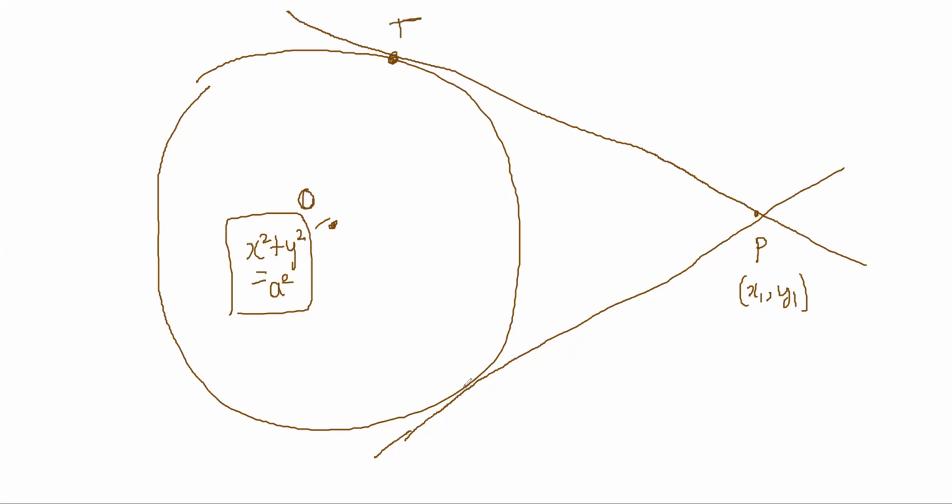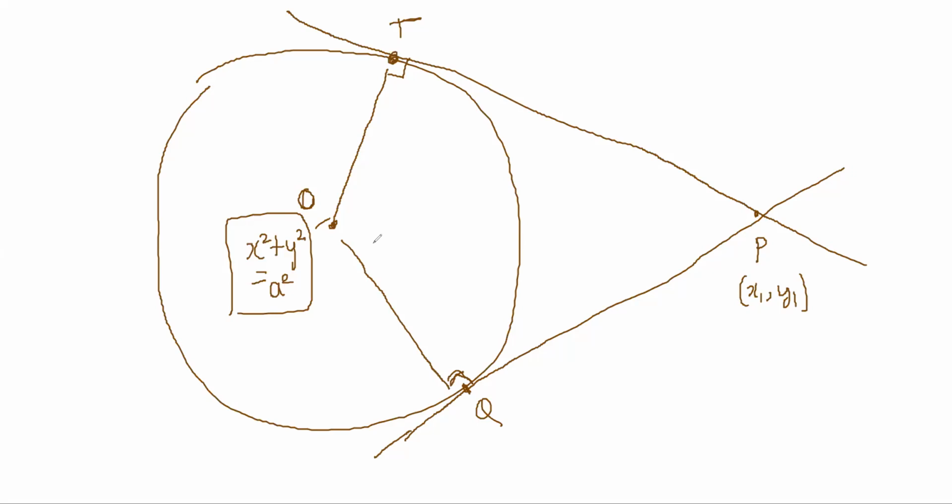Suppose this is point P, x1 comma y1, and this is a circle with center O, with equation x square plus y square is equal to a square. This is my point, let's say T, and this is my point, let's say Q. This is obviously a tangent, so this is 90 degrees, and this is also a tangent, so this is also 90 degrees.